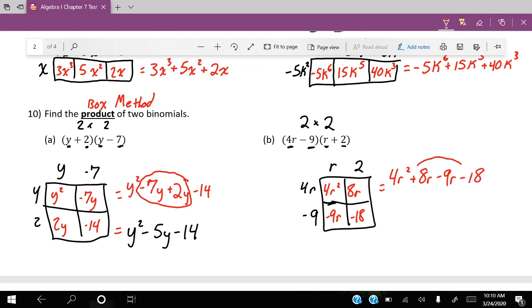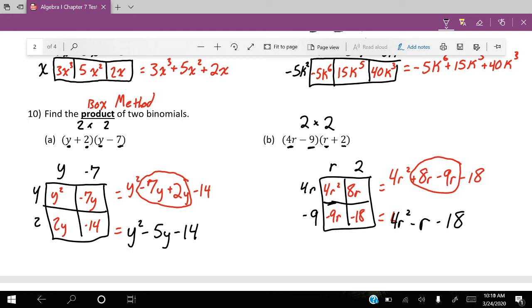Again, the things that can be combined, 8r and negative 9r. 4r squared cannot be combined, so this one does not change at all. So we're going to say 4r squared. 8r minus 9r is negative 1r, or simply negative r, and the negative 18 just gets brought down. So this is it, 4r squared minus r minus 18.